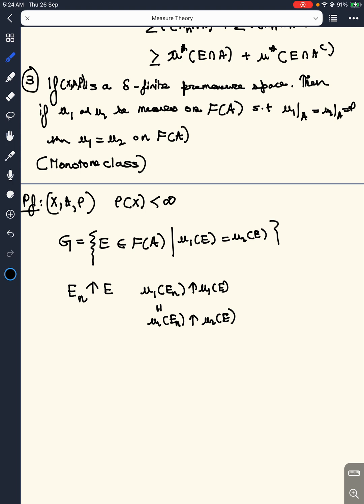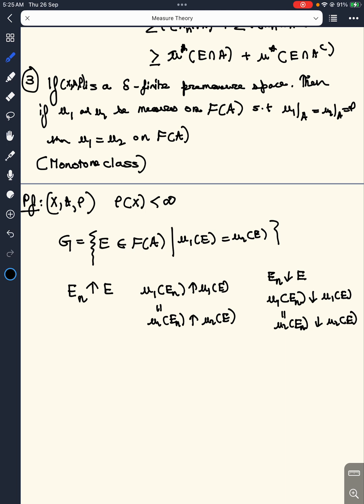For decreasing, we need the finite case. Since they are finite measures, if E_n decreases to E, then we can apply continuity from above if and only if the measure is finite. So mu1 E_n decreases to mu1 E, which is equal to mu2 E_n, which decreases to mu2 E, and which is the same. So it is true for every one.